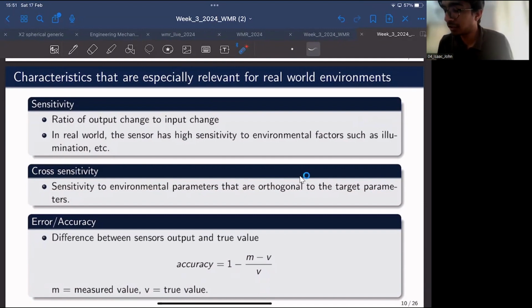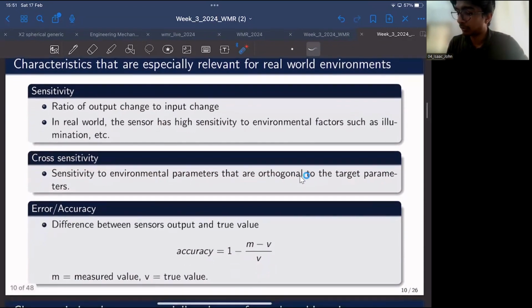Those things, getting affected by parameters that are orthogonal to what we are actually measuring, we call cross sensitivity. And ideally, in most cases, we would like to keep this cross sensitivity minimal. We only need to measure what we are trying to measure. It should not get affected by anything external to the environment.